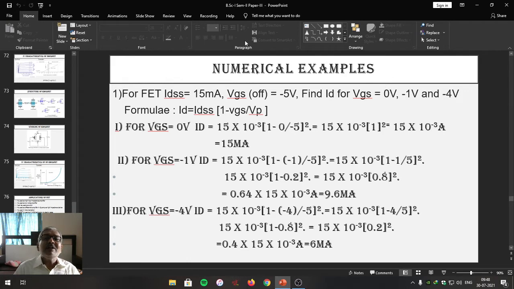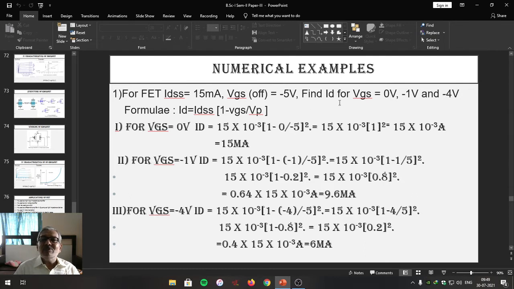Student friends, let me begin to solve some of the numerical examples. Let me begin with the first example. For a FET, IDSS is 15 milliampere. It is given. VGS off is given as minus 5 volt.